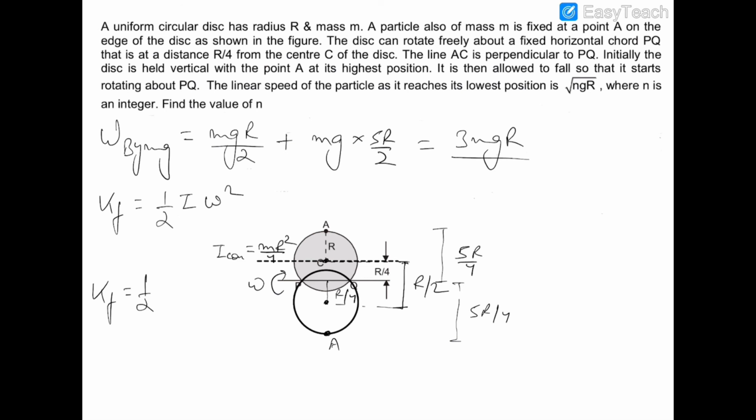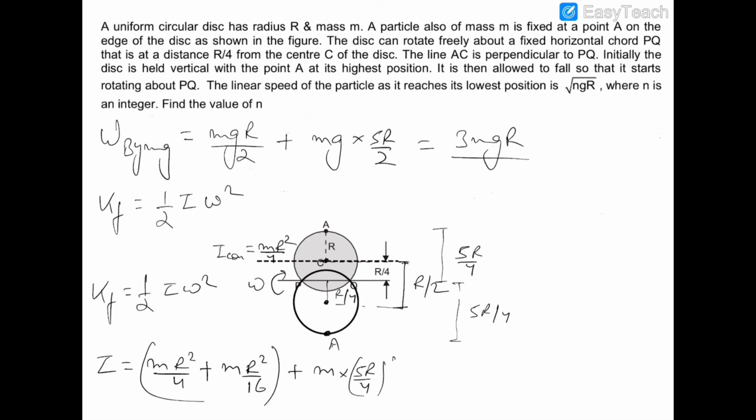So the total moment of inertia I of the system would be m r square by 4 plus parallel axis theorem, plus m r square by 16 for the disk, as well as for that mass which is attached at point A, m into 5r by 4 whole square.